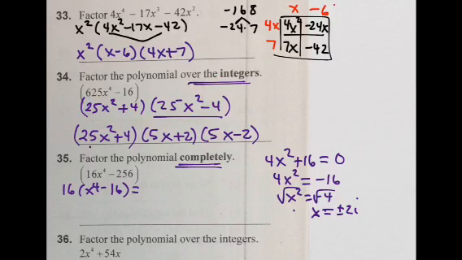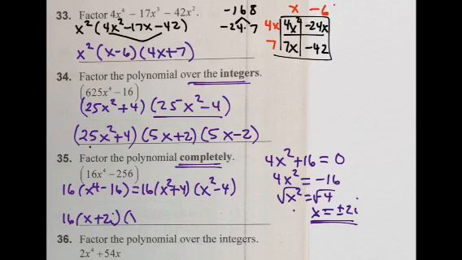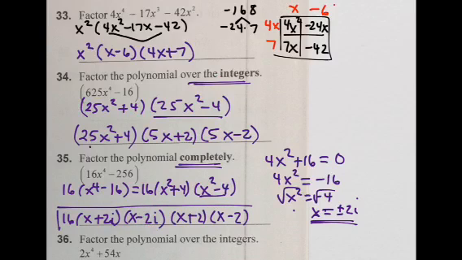And so then we get 16 times x squared plus 4, x squared minus 4. So now when you break this down, it's 16 times x plus 2i, and that's where this comes in, right? x minus 2i. And then the second factor, this one, is x plus 2, x minus 2. So this whole thing here, that's the answer.